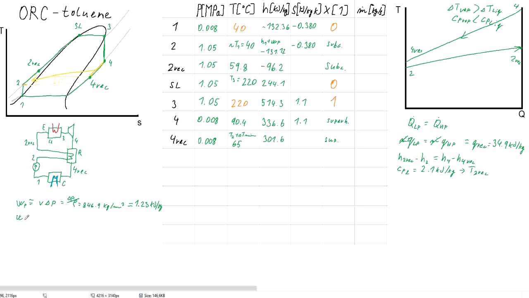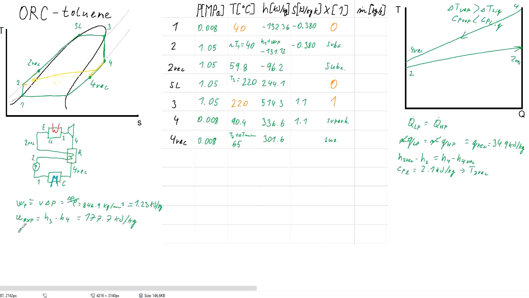Let's get work of the expander, which is enthalpy 3 minus enthalpy 4, and we get that it's 177.7 kilojoules per kilogram of the working fluid.